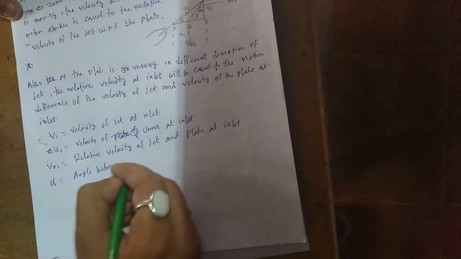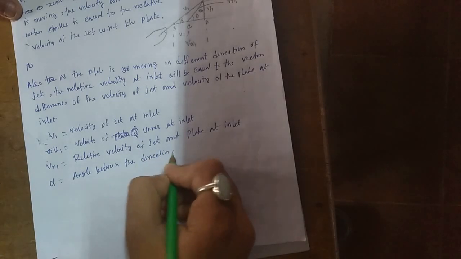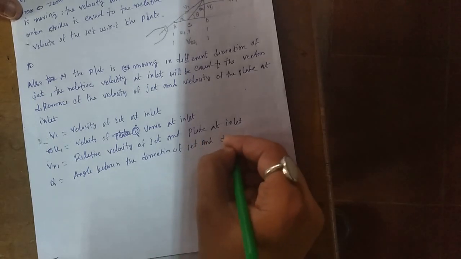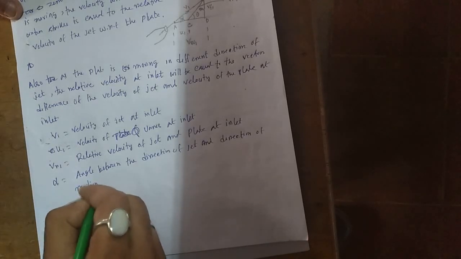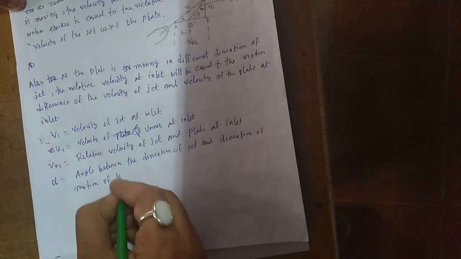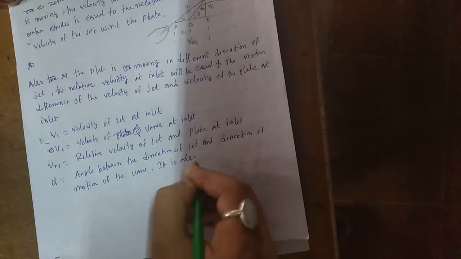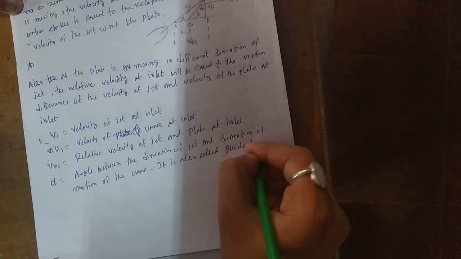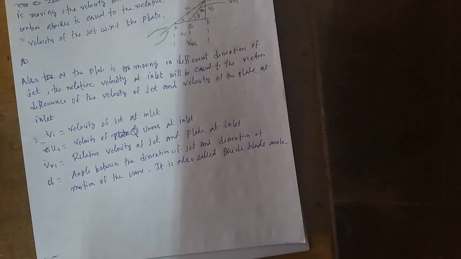Angle between the direction of jet and direction of motion of the vane. It is also called guide blade angle.